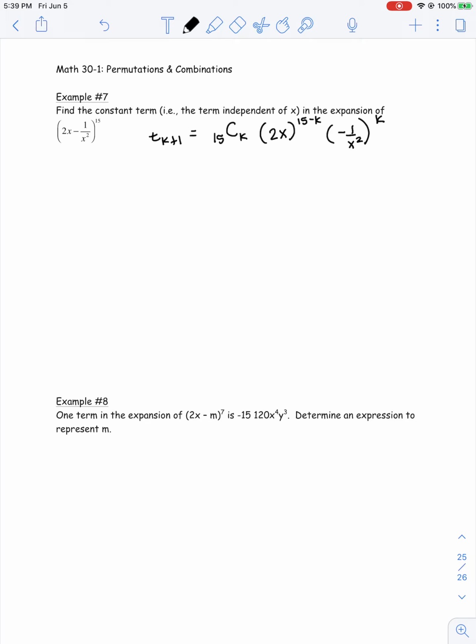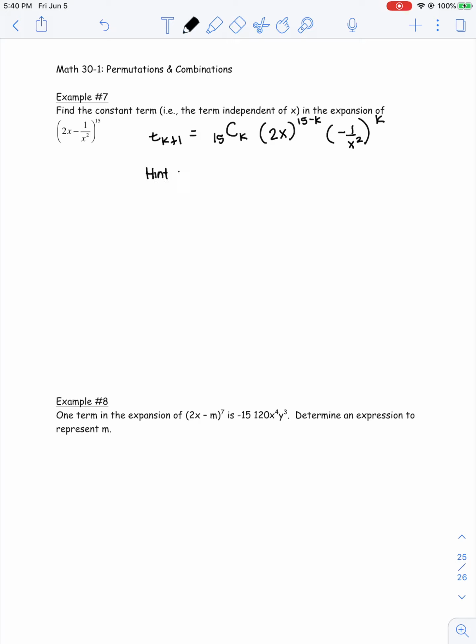So we're going to try to put all the k's together, and once we can figure out what k value would make the exponent equal to 0 where the x disappears, that would be the value that we would use to get the constant term. So we're going to try to simplify this as much as possible. We're only really caring about the x's right now.